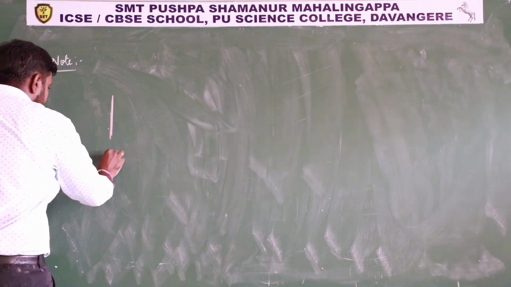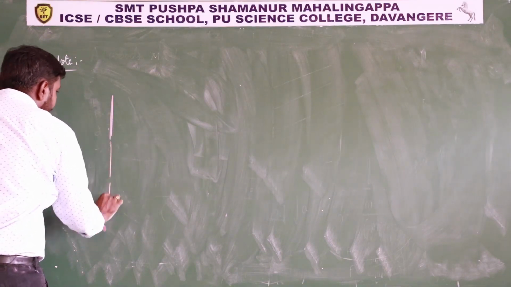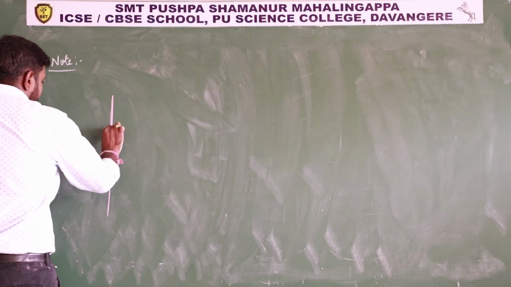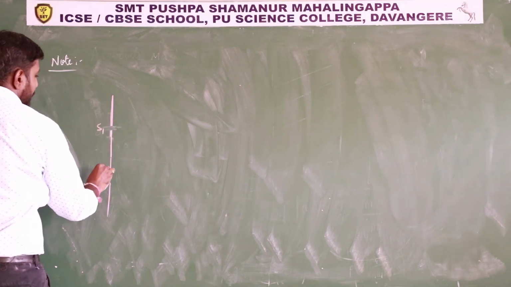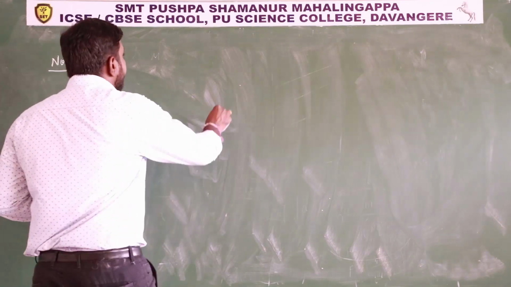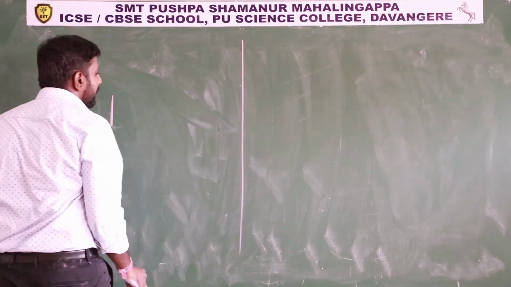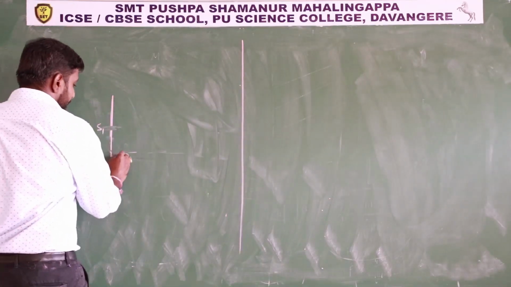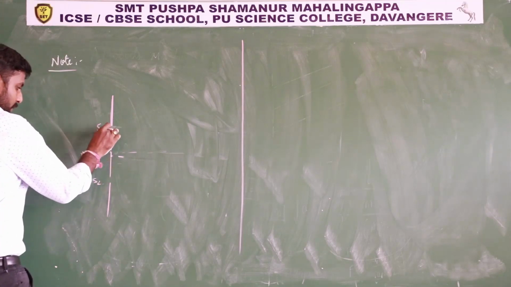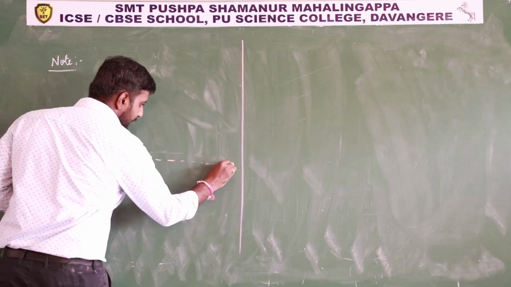In that we have taken these two slits or two sources as S1 and S2, and we have kept a screen, and this is the midpoint of two slits. From that I am drawing a perpendicular line.